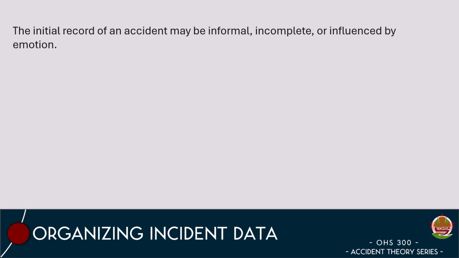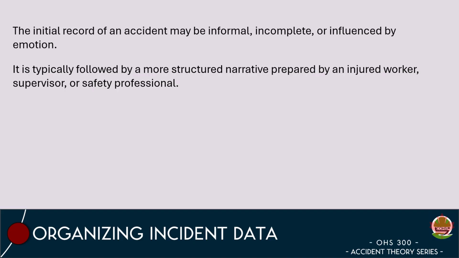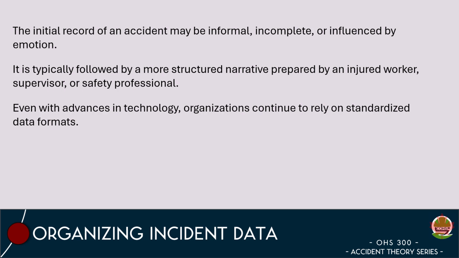The initial record of an accident may be informal, incomplete, or emotionally driven, but it is typically followed by a narrative account prepared by an injured worker, supervisor, or safety professional. While these narratives contain valuable detail and context, they are difficult to analyze at scale. Even with advances in technology that improve the analysis of unstructured text, large safety systems continue to rely on standardized data.